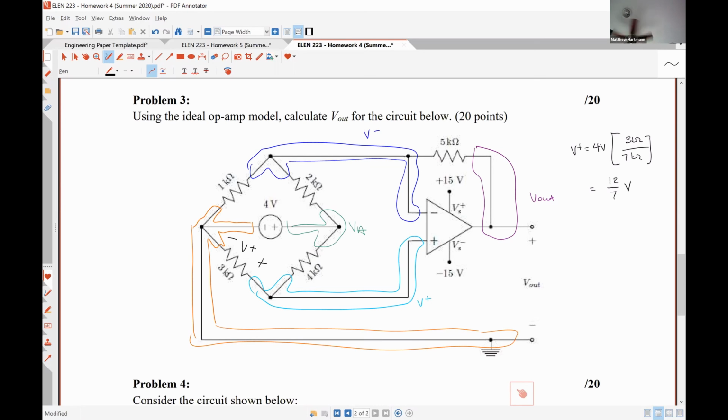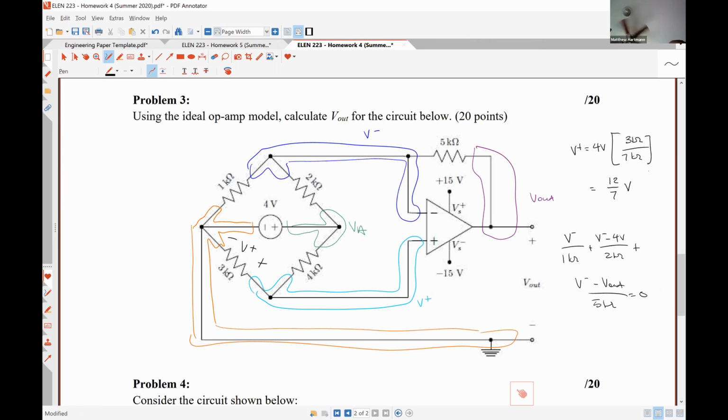Then, if I apply KCL at the inverting input node, I'm going to have V minus over 1 kilo ohm plus V minus minus 4 volts over 2 kilo ohms plus, I'm running out of room here, V minus minus V out over 5 kilo ohms is equal to 0.